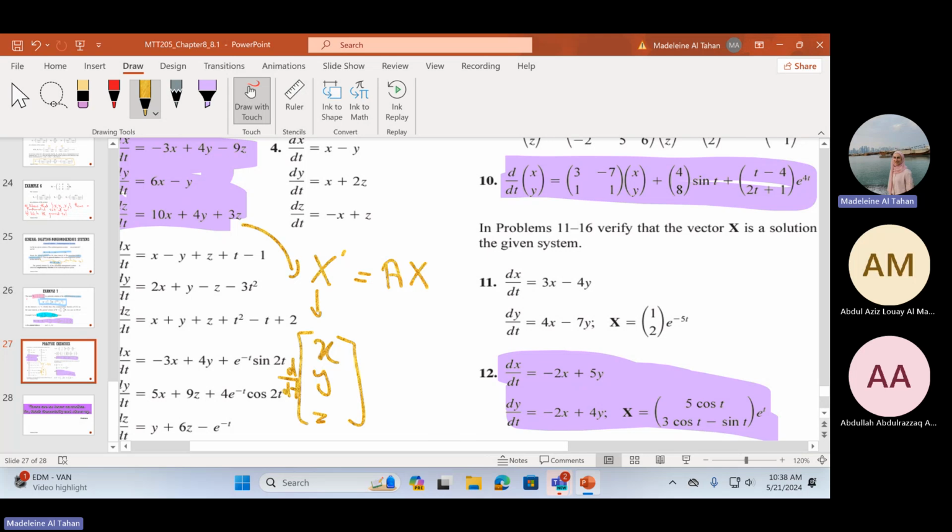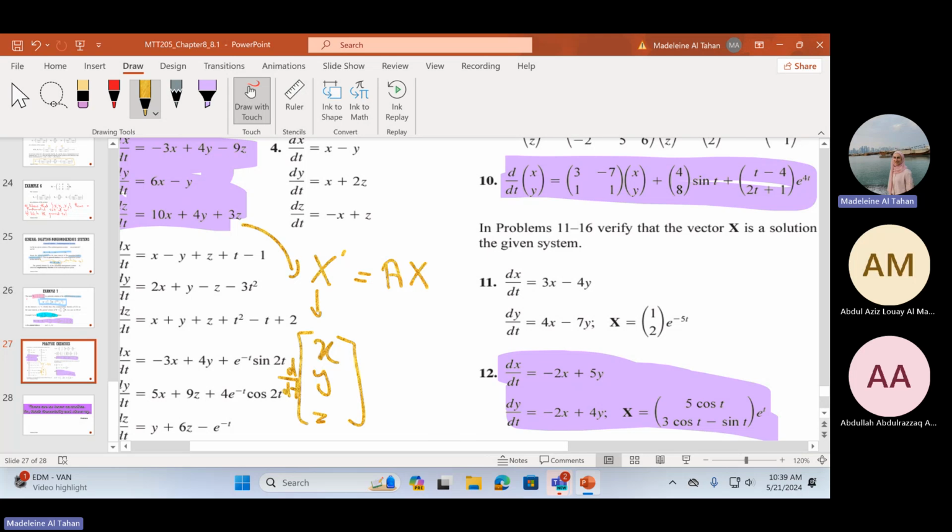And what do we need to add to it? 4 sine t, and here plus t minus 4 times e to the 4t. We'll start with the first equation. What did we get for the first equation? So x prime is equal to what in exercise number 10? 3x minus 7y, yes. That's equal to plus t minus 4 e to the 4t. Then all of us got this one as the first.